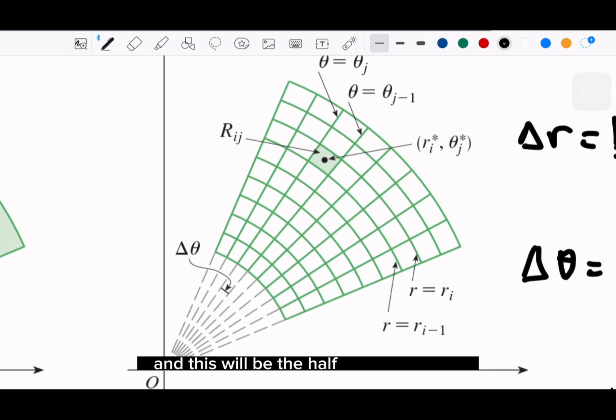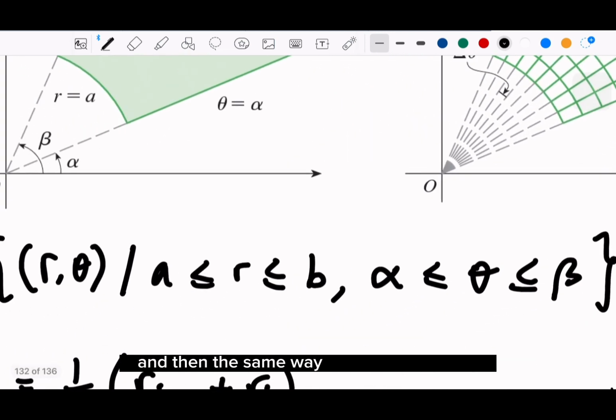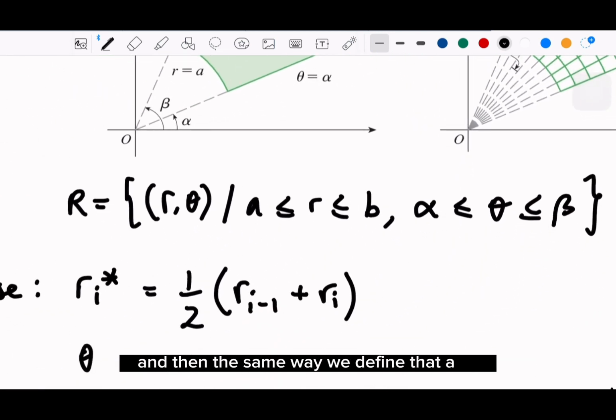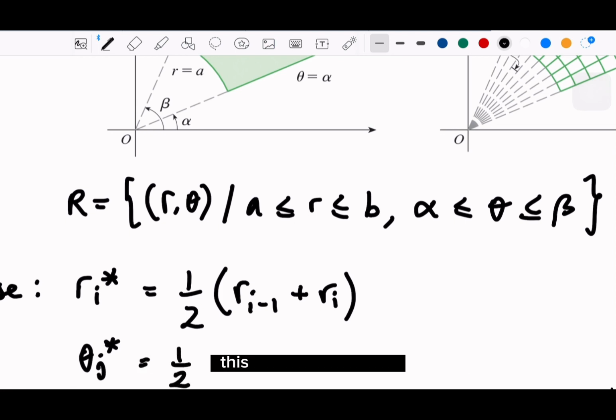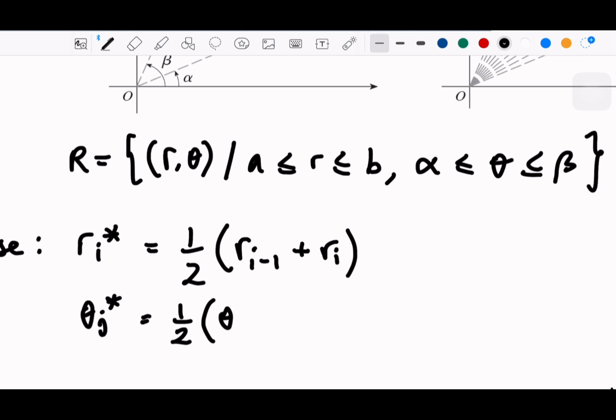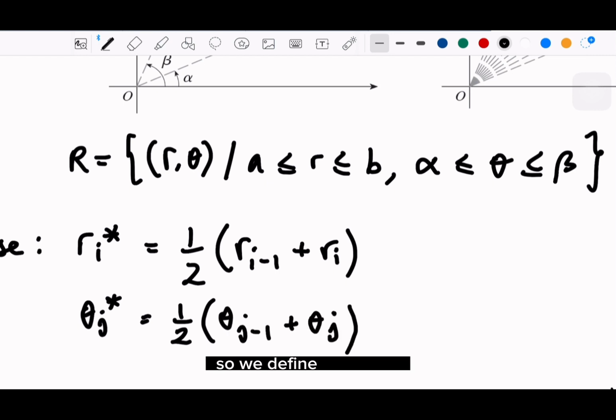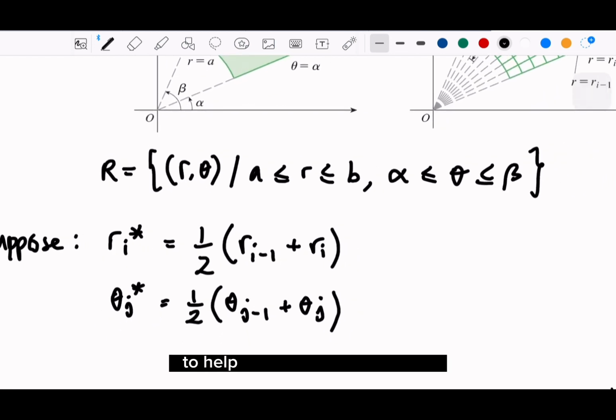So we suppose that this is our definition. In the same way, we define theta_j asterisk, the sample point of our integrals, to be half as well. We define these two to help simplify our calculations.